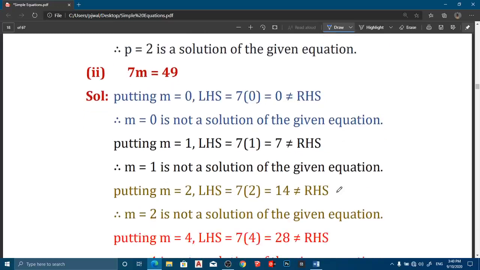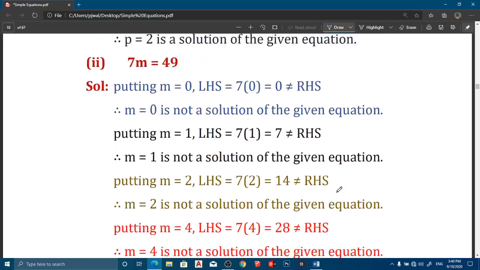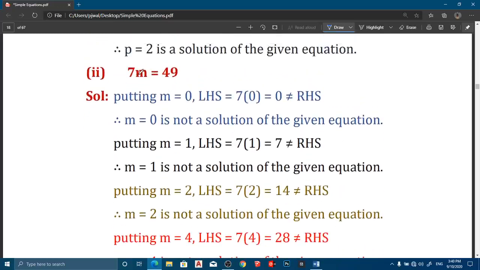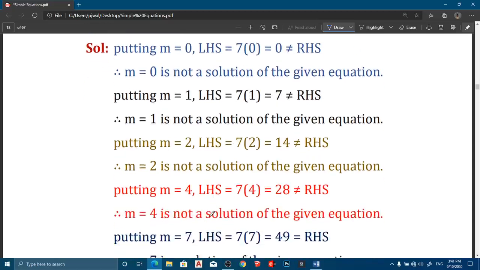Next, 7m is equal to 49. Simply you can assume that 7 times 7 is equal to 49. But if you want to use the trial and error method, you have to try up to 7. If you use 0, 7 times 0 is 0, not equal to the RHS. If you use m is equal to 1, 7 ones are 7, 7 twos are 14, 7 threes are 21, 7 fours are 28.